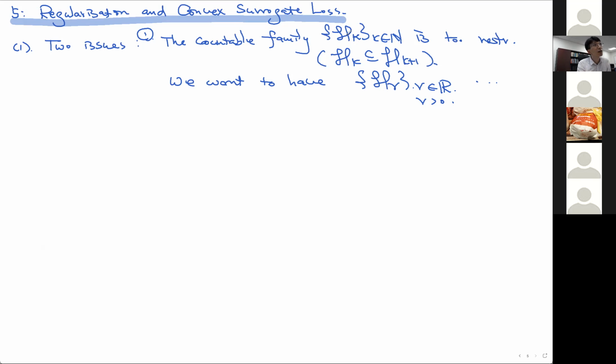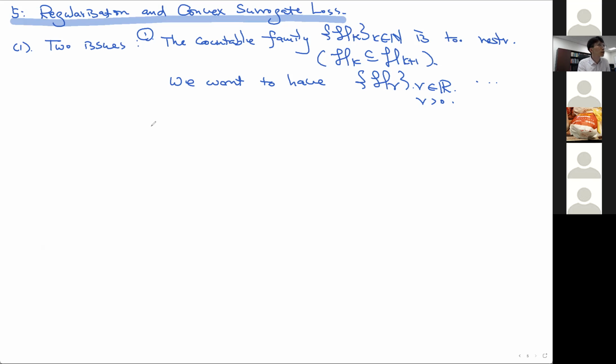The hypothesis H and its index K do not have a very nice relationship, and even when there is a relationship, it's not very easy to exploit it in the design of an algorithm. But if you have an uncountable family where the family is well parameterized by the real number, then we can exploit this to design a better algorithm.